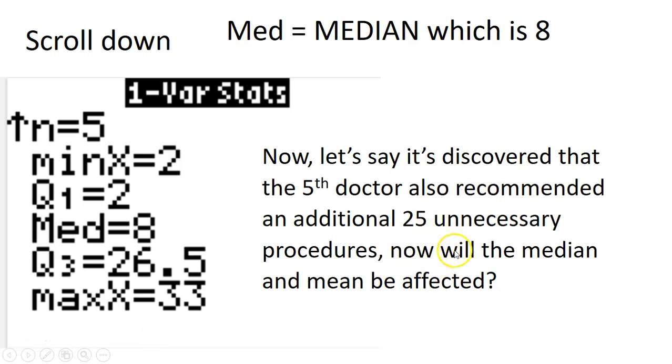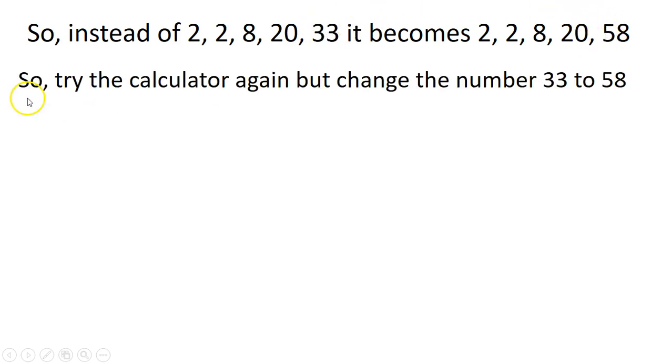Now, will the median and mean be affected? So right here, I'm adding an additional 25 unnecessary ones. So instead of this, that's what the 5th doctor did. I'm saying, let's add 25 to that. Is that going to change anything?